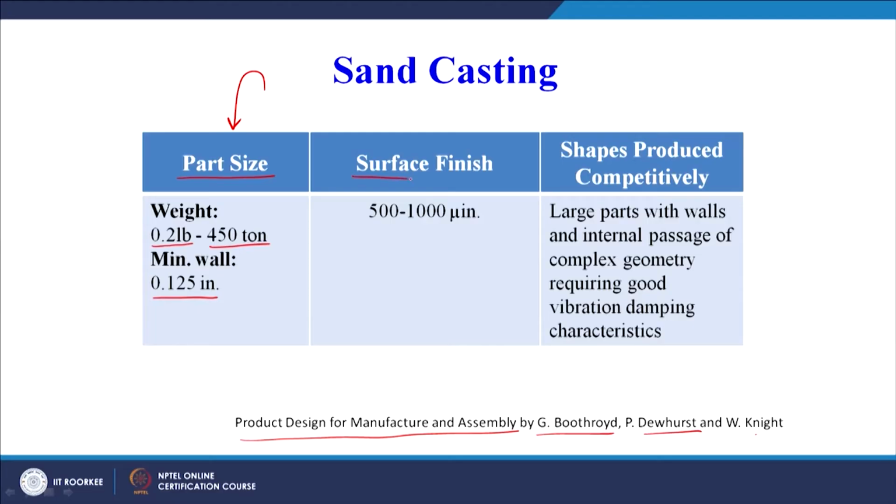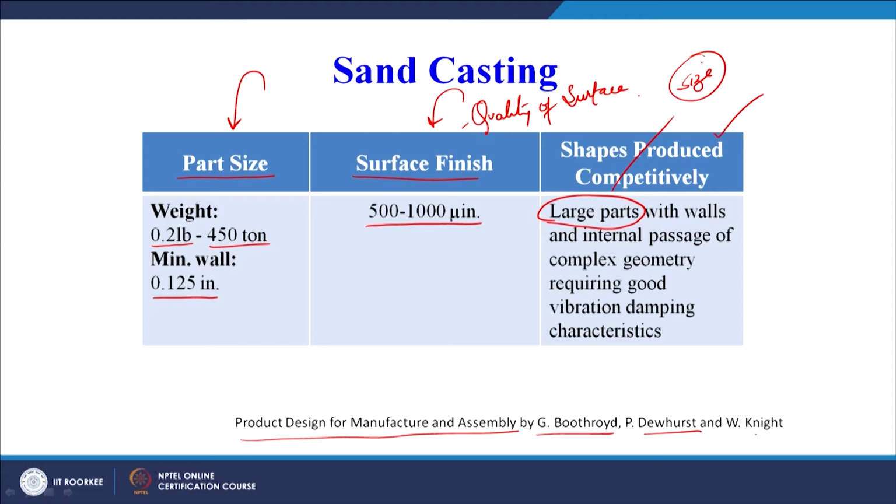Similarly, the surface finish can be the second criterion which will sometimes define the quality of the surface produced. That is also in the range of 500 to 1000 micro inch. Then the shapes produced competitively, we can see here large parts, which gives the size of the product which we can produce.